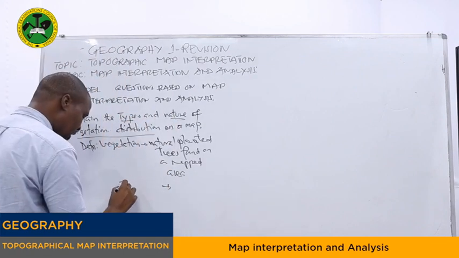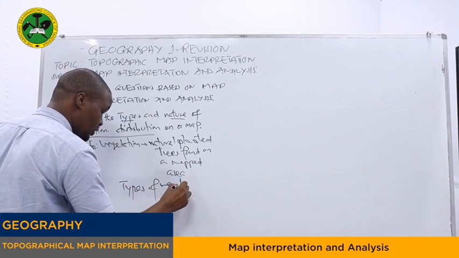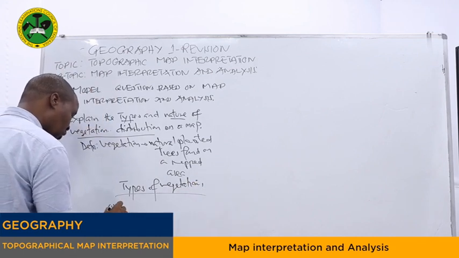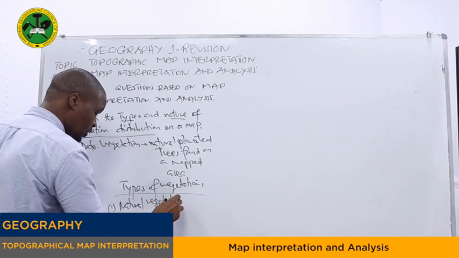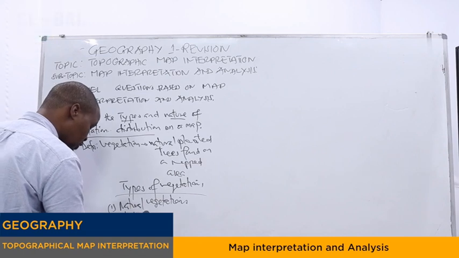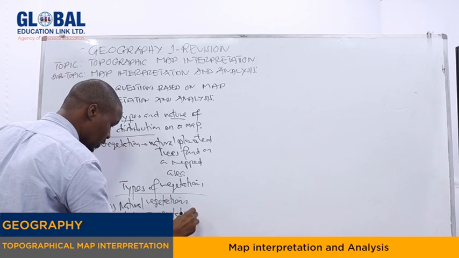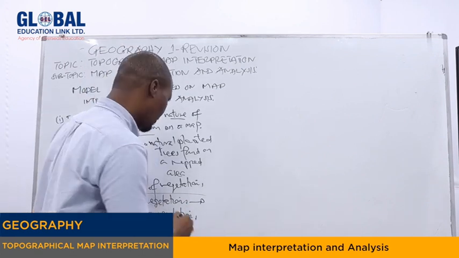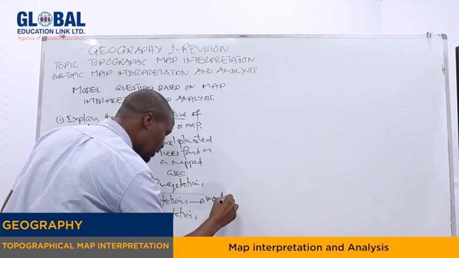In the types of vegetation found in a map area, we have two types: the natural vegetation as well as the artificial vegetation. So what is natural vegetation? These are the vegetation that is found naturally. For instance, examples of these are the woodlands.